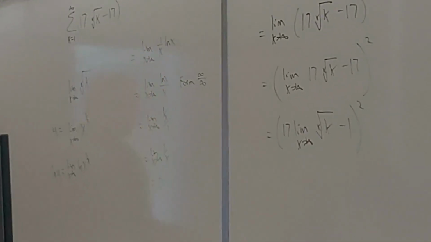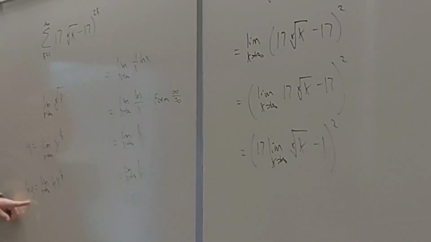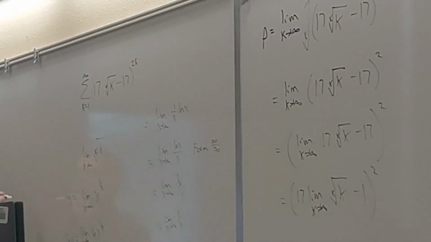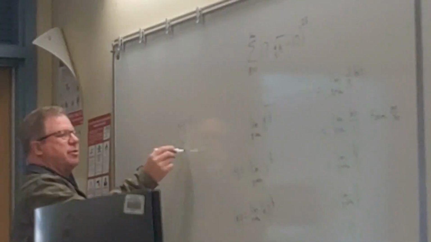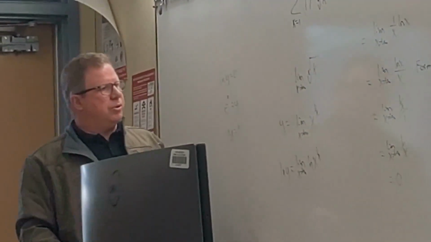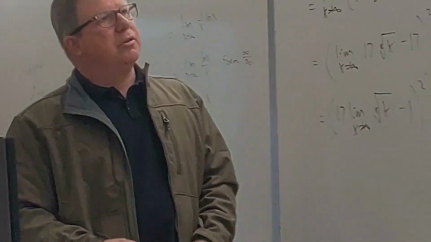But what equals 0? The natural log of y equals 0. So ln y equals 0, which means e to the 0 equals y, or y equals 1. So that limit equals 1, we just found out.